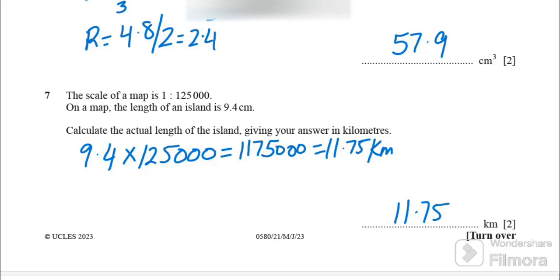So divided by 100, we will be left with 11,750. Then from meters to kilometers, we have to divide the meters by 1000. Next, we will divide 11,750 by 1000. That will be 11.75 kilometer. So the answer will be 11.75 kilometer.